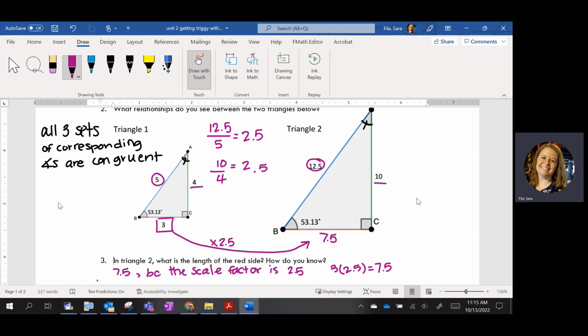So they figure out a scale factor to use to create a scale model or a scale drawing of things. That's what proportional means. It means that the scale factor is the same between all of the sides. Okay, so these are proportional. So the sides are proportional.